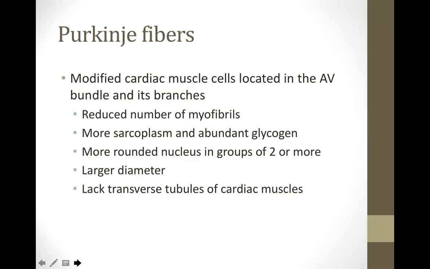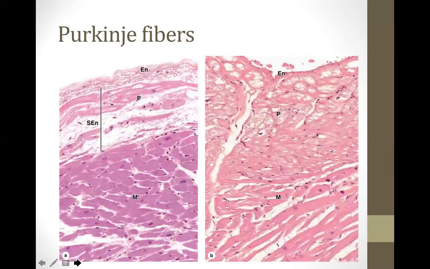So, where are the Purkinje fibers? I will show you in a while. Just remember they are only in the subendocardium. The picture is better in the laboratory, so later I'll show you where the Purkinje fibers are.